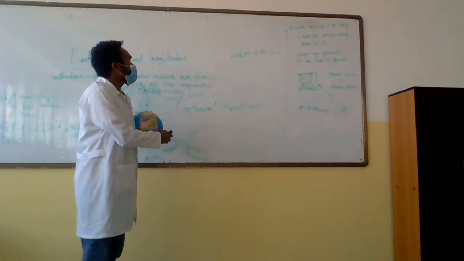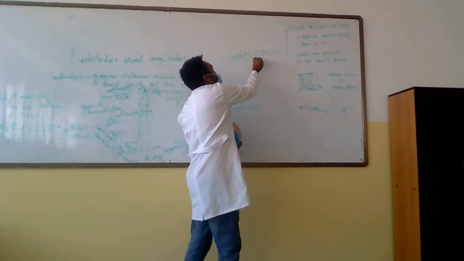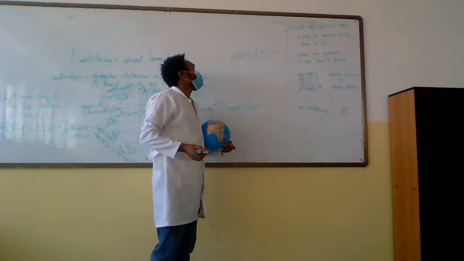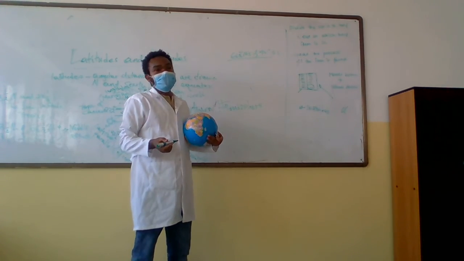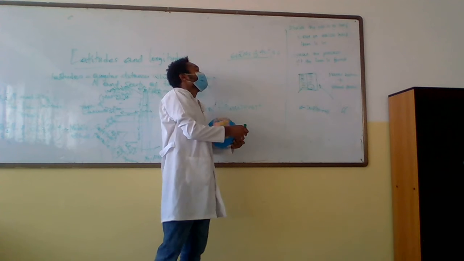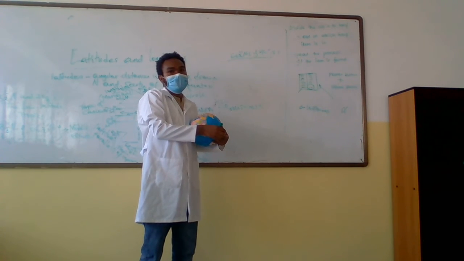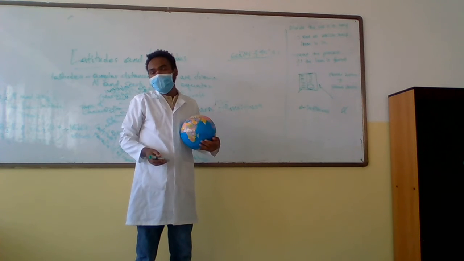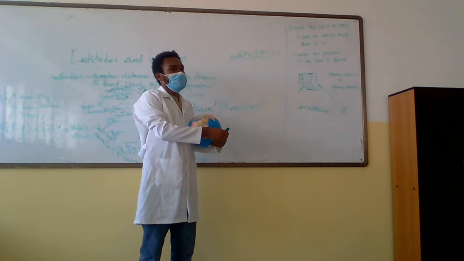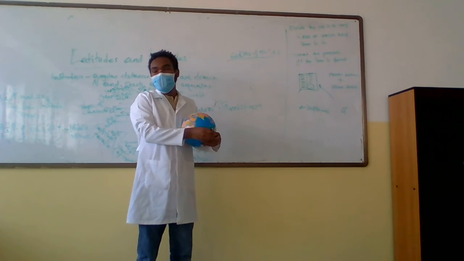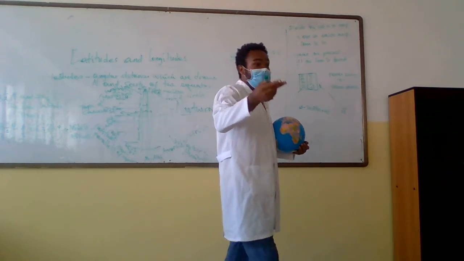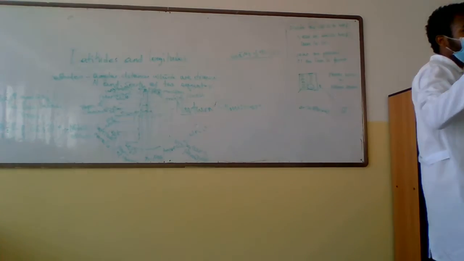Okay. What do we call the area between 66 and a half degrees north and south and 90 degrees north and south? High latitude, middle latitudes, low latitudes.